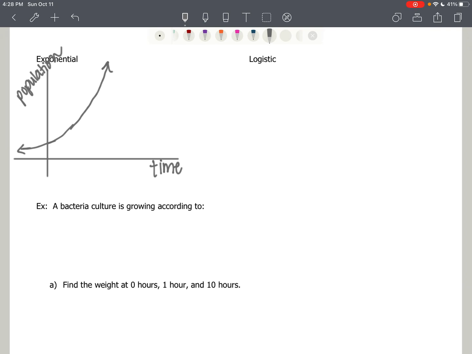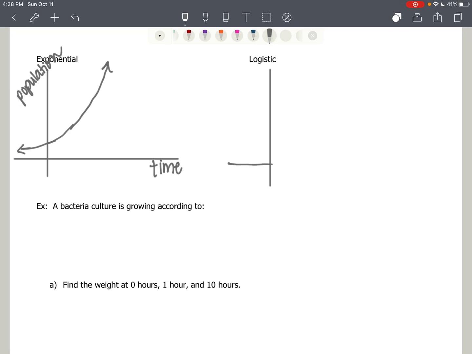So when we're talking about maybe the spread of the flu, or we could take chunks of data for the spread of COVID-19, there were certain chunks in time where we had some exponential growth, and that could be modeled by an exponential function.